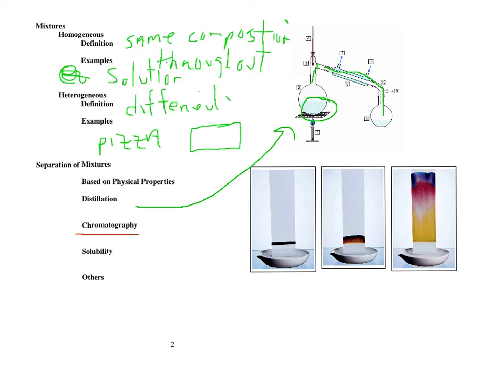Okay. In terms of chromatography, this is an example over here, and it's based on the solubility of the substances. And so essentially what you can do is make it dissolve and chromatography will separate the different substances. So if this black felt tip marker is separated, usually if it's permanent marker you have to use alcohol.